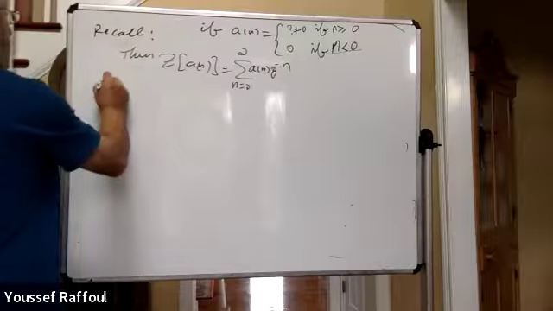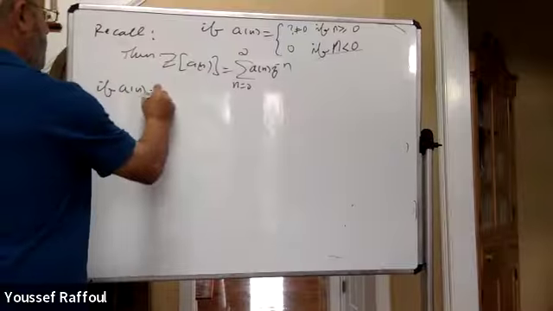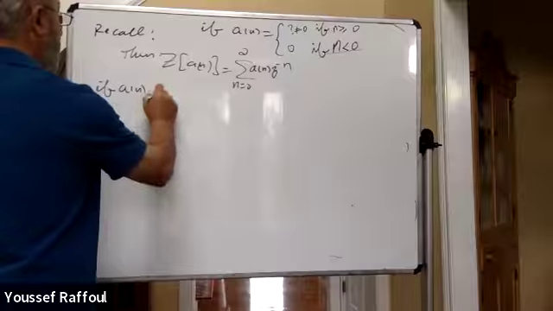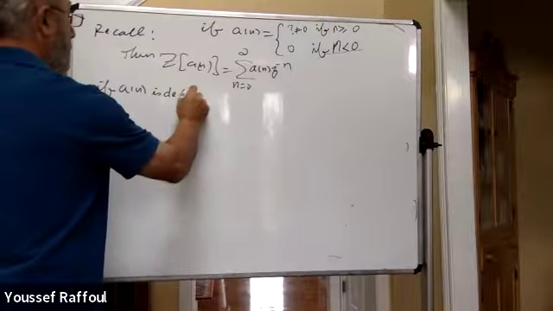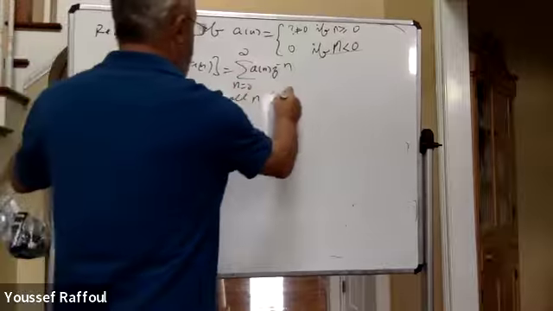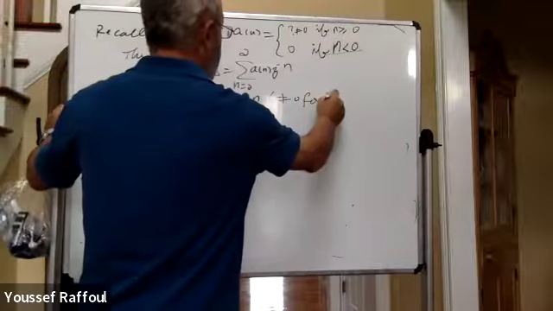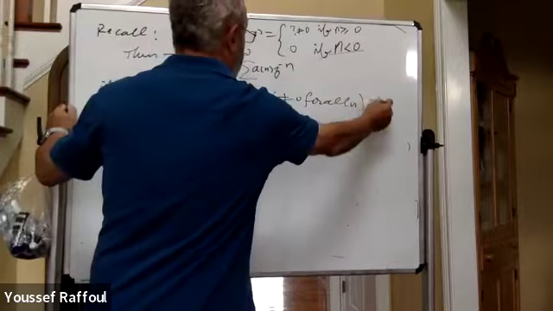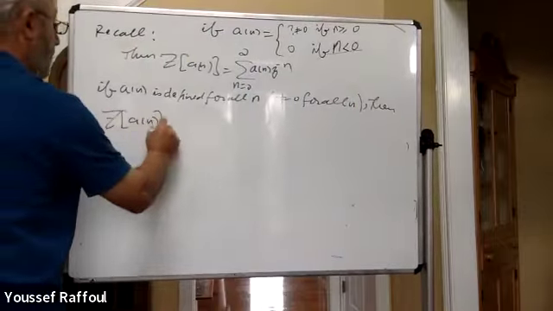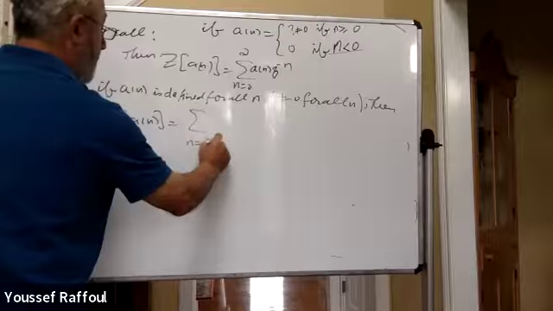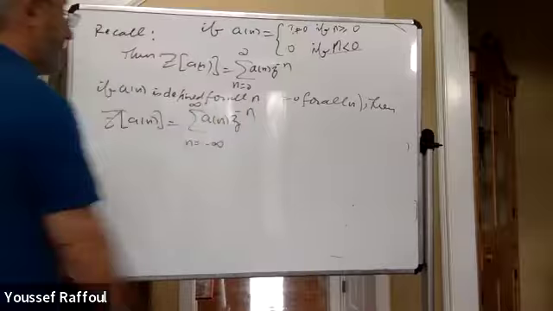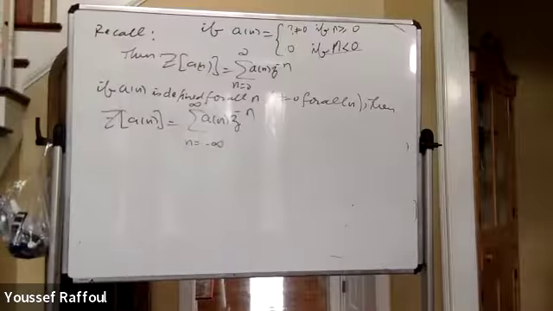Now, if a_n is defined for all n, that means it's not 0 for all n, then the Z transform of a_n is the sum from n equals minus infinity to infinity of a_n z^(-n). Okay?